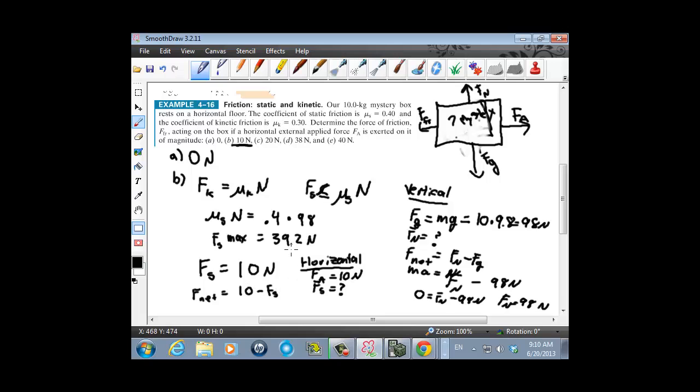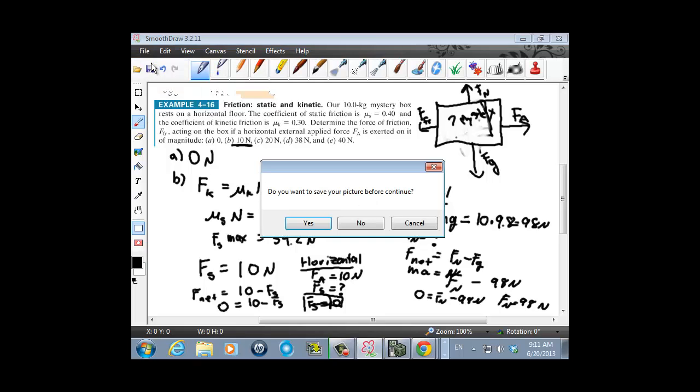We just said we did not have enough force to overcome the static friction, so we're not accelerating. So 0 equals 10 minus Fs, or Fs has to equal 10. So that's the answer to part B. Everybody okay with that? Okay.